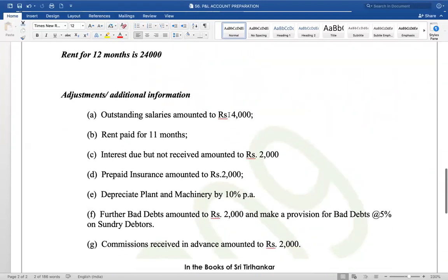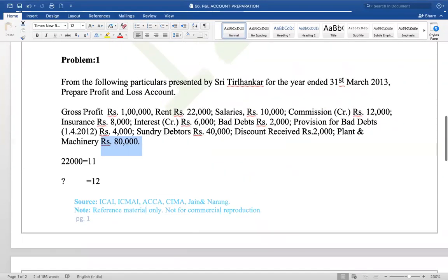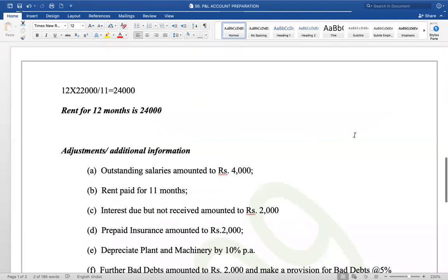Scan through. Yeah. We are done with gross profit, rent, salaries, commission, insurance, interest, bad debt, provision for bad debt. Debtors, we don't take anywhere. We have used it only for calculation of provision for doubtful debts. Discount received we have taken. Plant and machinery we don't take, but 10% of that we take as depreciation as a debit item.